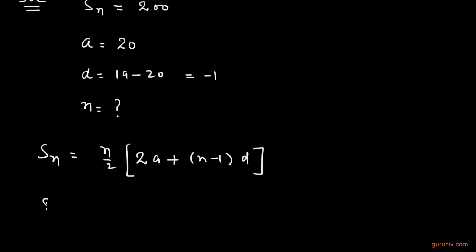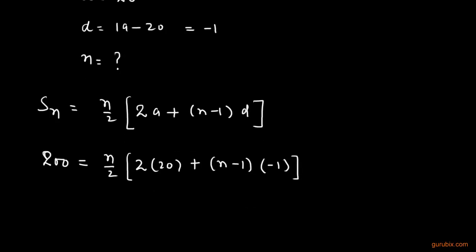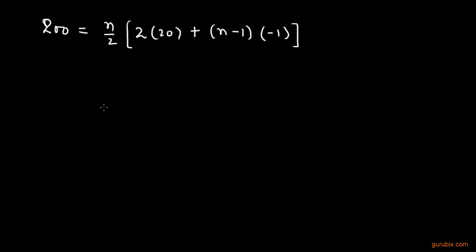And Sn is given as 200, a is 20, we have to calculate the value of n, and d is given as minus 1. Let us solve this equation.